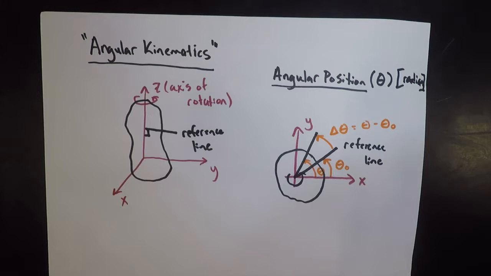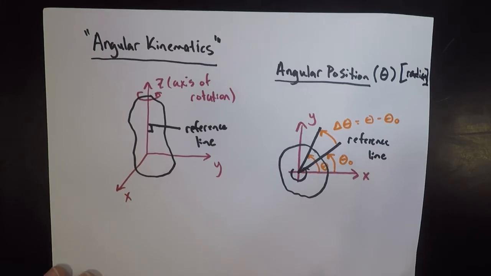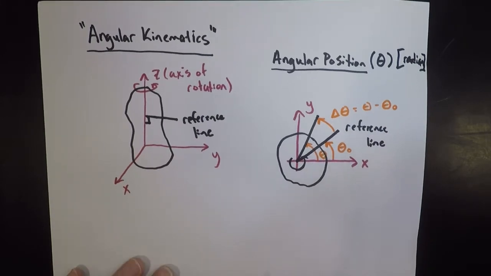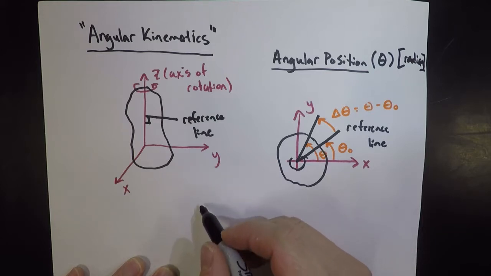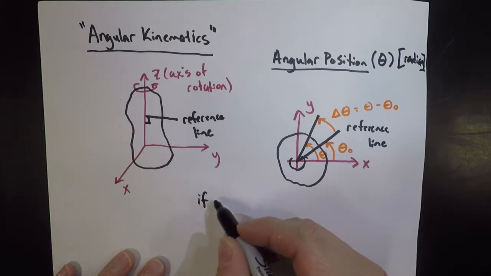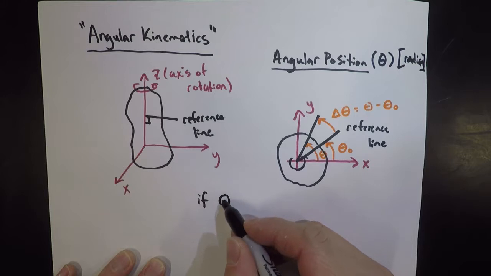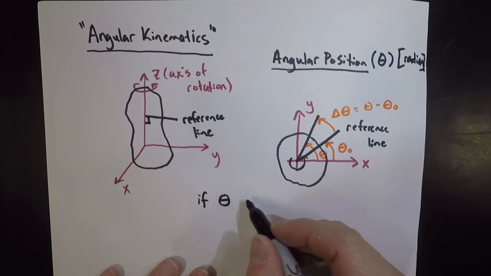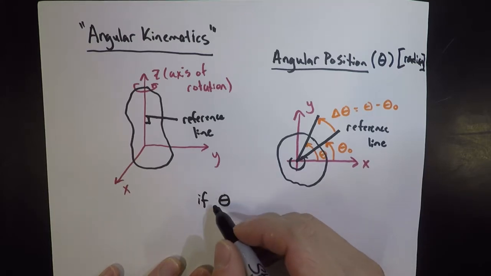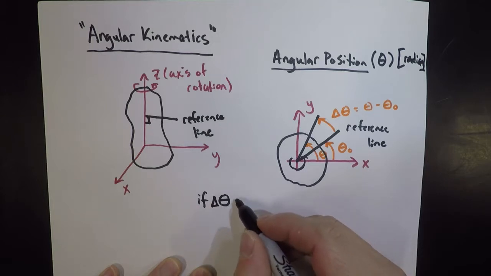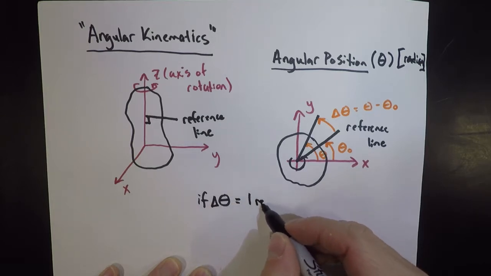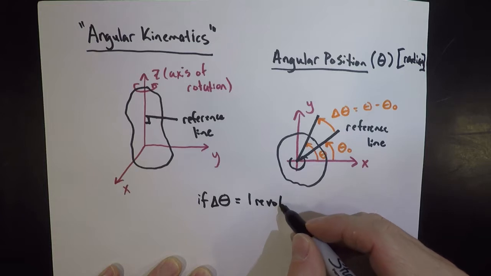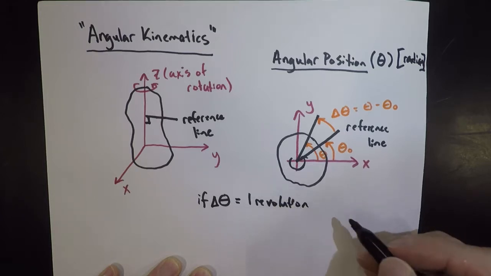Okay. So we do have to be careful. These are all going to be in radians and not in degrees. And so we want to be able to change between them in a given problem. So let's just remind ourselves of how radians work. Let's suppose that we were to rotate this thing through an angular displacement, delta theta, of 1 revolution. So we could say revolution or rotation.